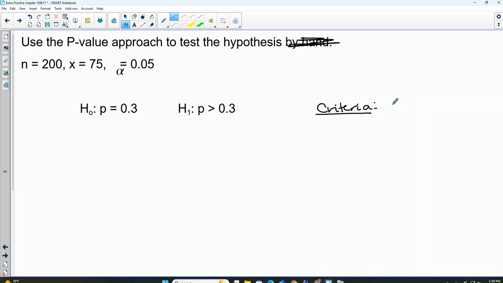Remember when we're dealing with the p's, that's n times p times 1 minus p greater than 10. So we have 200 times 0.3 times 1 minus 0.3. That is greater than 10, so we're okay.